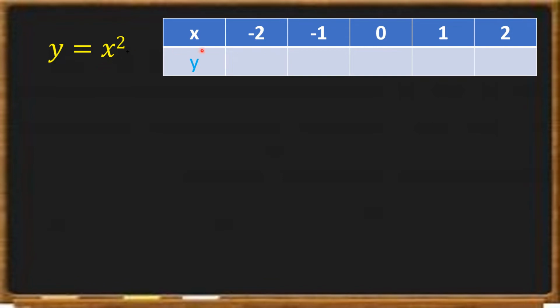So let's start with the value of x equals -2. So it becomes y is equal to (-2) squared. So what is (-2) squared? It is equal to 4. Next is -1. So y is equal to (-1) squared.